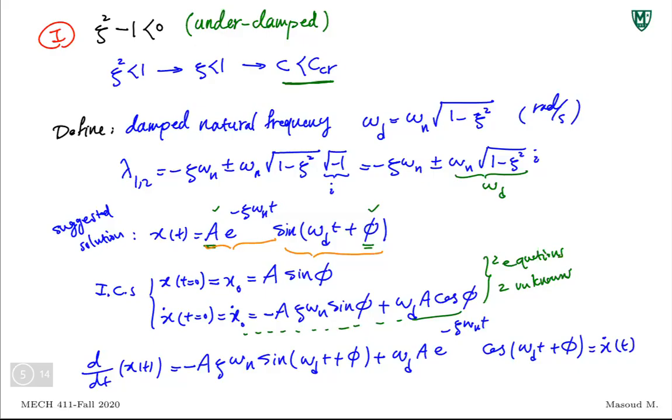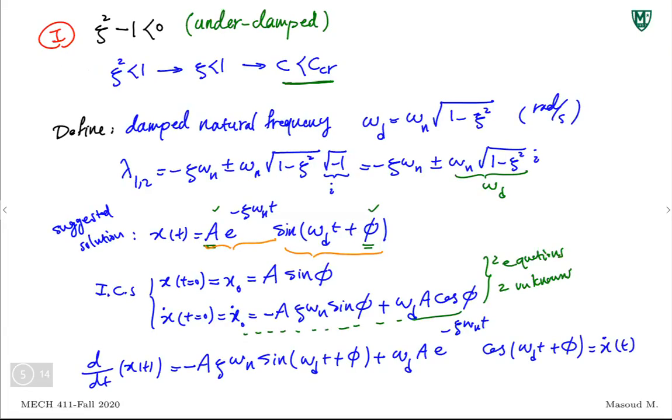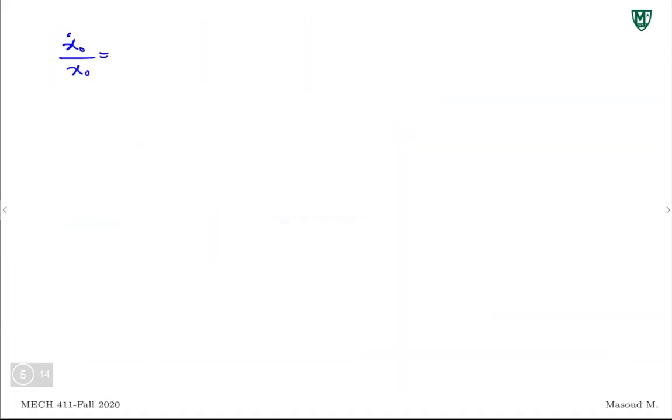Pretty much what I'm trying to say is that I'm trying to find x naught dot over x naught. Let's see what happens if I do that. The first element divided by A sine phi, well, A sine phi is gone, so what is left is minus zeta omega n.